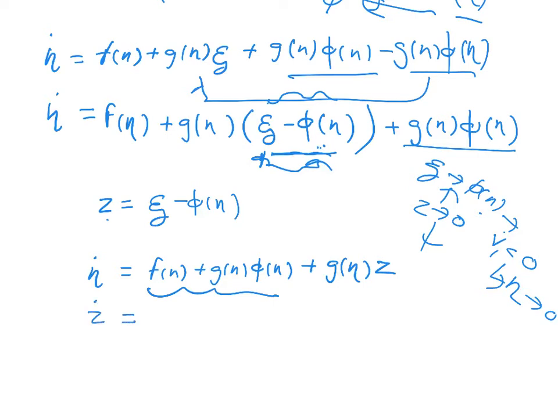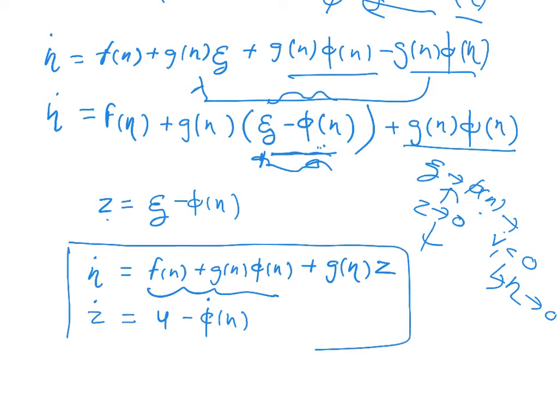Zeta dot is what? U minus basically phi dot. For now, let's just keep it phi dot, because in a real problem, I will exactly know what that term is. So that's our new equations of motion now, right? So instead of zeta, we have z now. Okay. So we have a new system, and now what you want to do is.